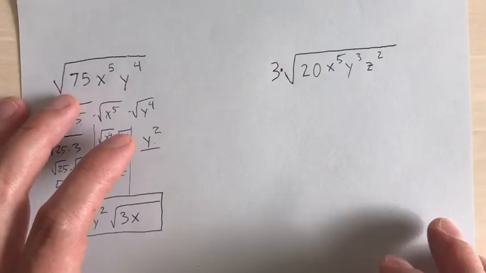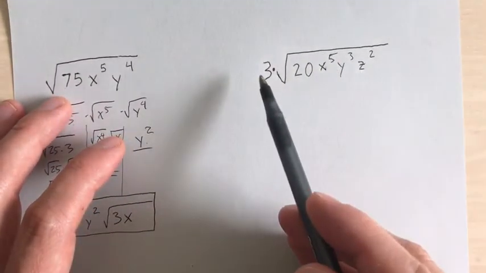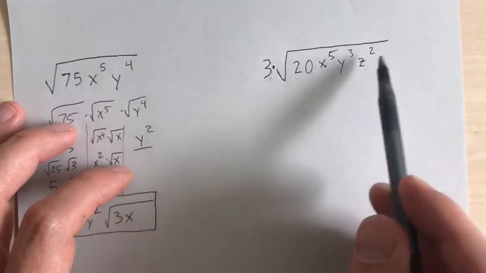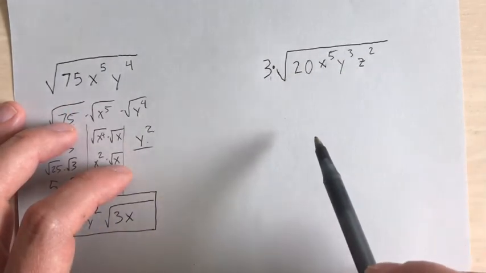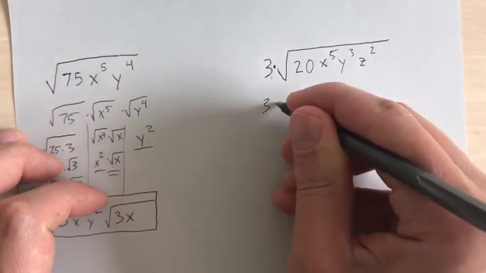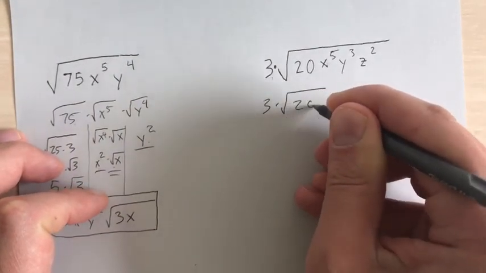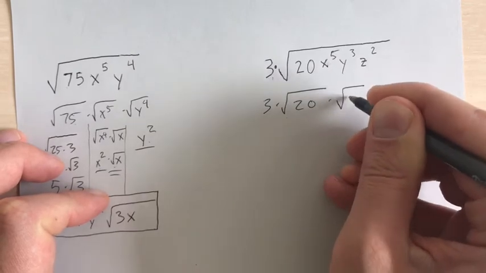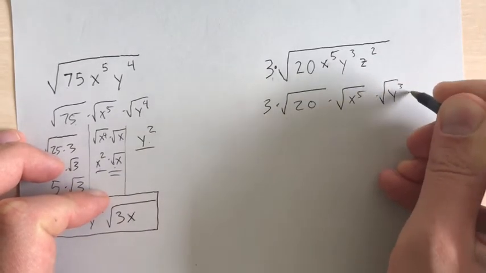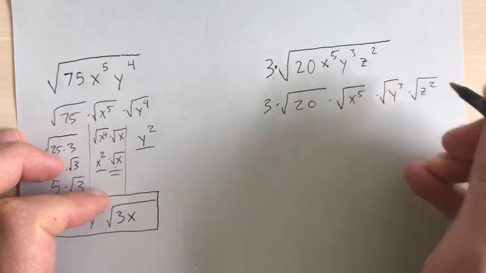Let's try this problem. Now this one, same idea, except there is a 3 out front. That 3 is just going to sit out front until everything in here is simplified, and then we'll multiply it in. So in this, I'm going to separate this a little bit to make this problem a little bit easier. Think of it in chunks. I'm going to try to do this as quickly as possible.